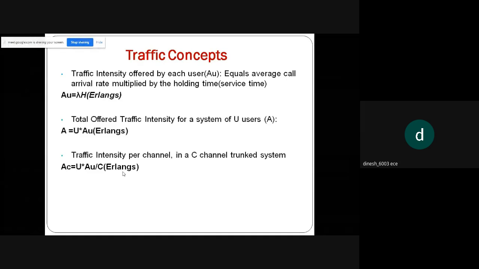Then for each and every channel, we need to find the traffic intensity per channel in a C channel trunked system, which is AC. So AC is equal to U into AU, which is the total traffic intensity for users, divided by number of channels. Everything is measured in Erlangs. So this is your traffic concept.